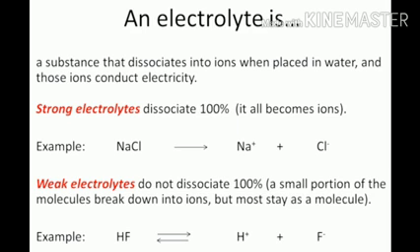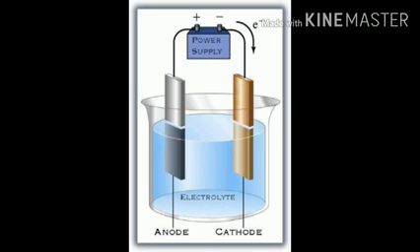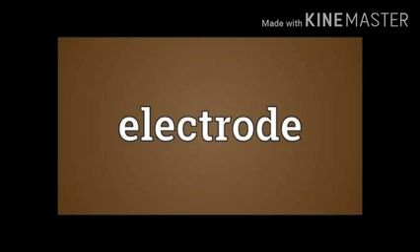Now let us see a setup for electrolysis. In the setup diagram you can note that there are two plates submerged in a vessel filled with electrolyte. Those two plates are known as electrodes. What exactly do we mean by electrodes? Electrodes are the substances that can conduct electricity through them.